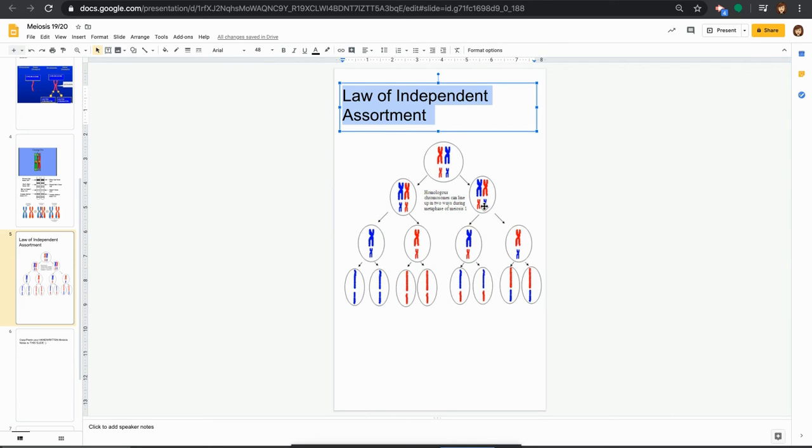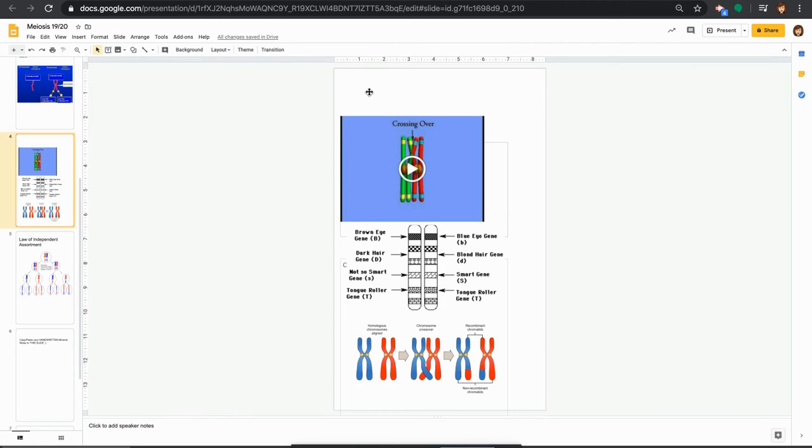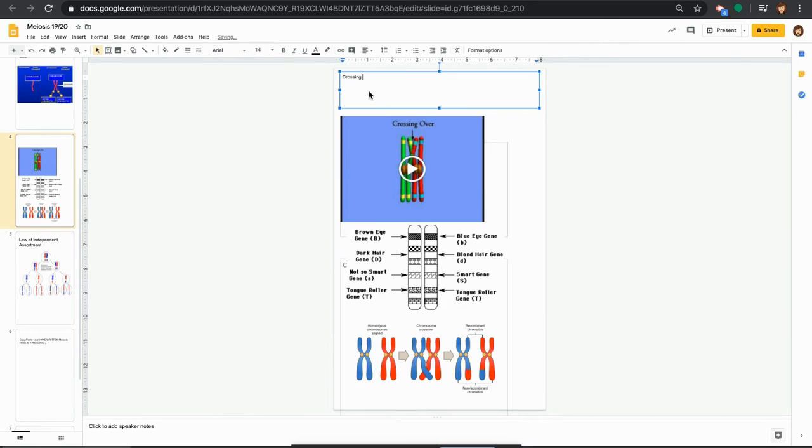They can do it randomly. That creates, again, diversity in the gene pool. And then I forgot to label this up here. This is crossing over, a formal term, but I like gene swap better. And that is why you can have 21 kids and they can all look different from each other.